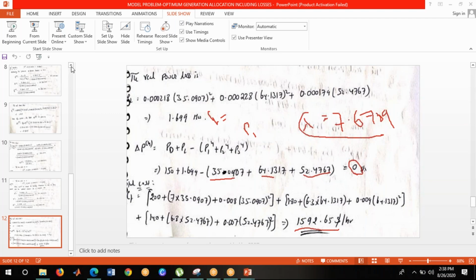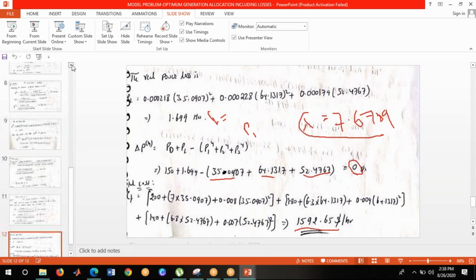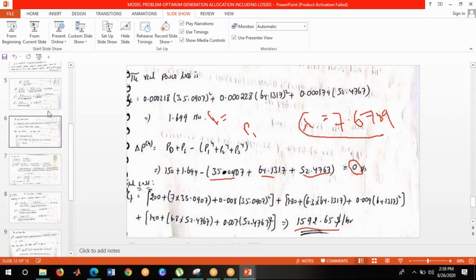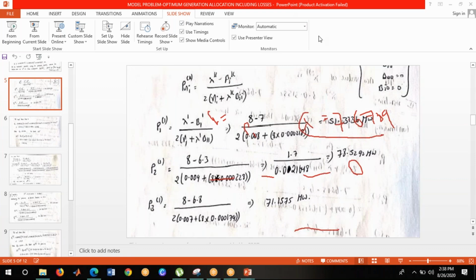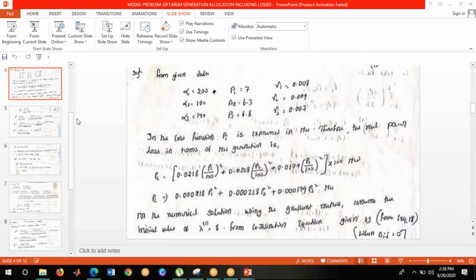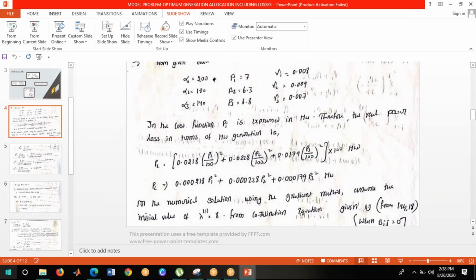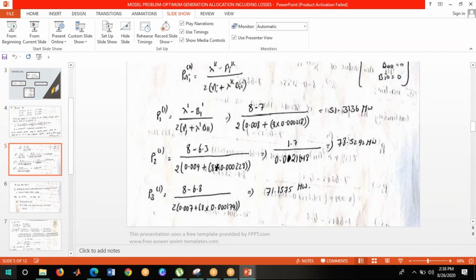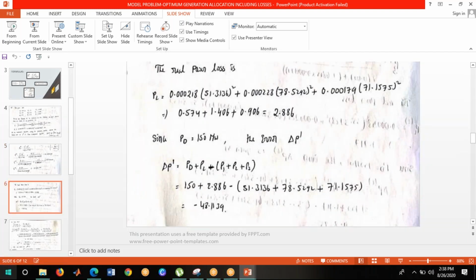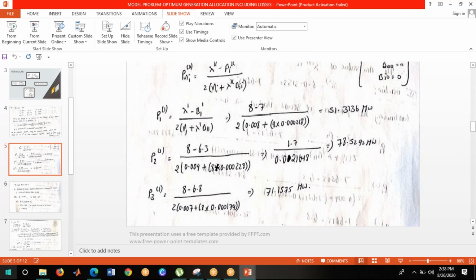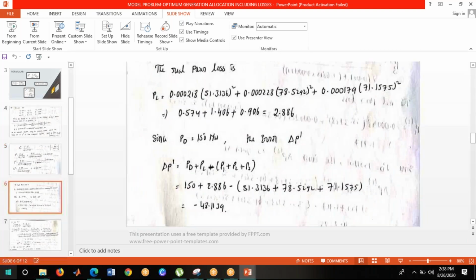Okay, wait, I will show you iteration wise, from the starting. Initially we considered lambda equals 8. After finding P1, P2, P3 for the first iteration, we got the values 351.3136, 78.5292, 71.157.